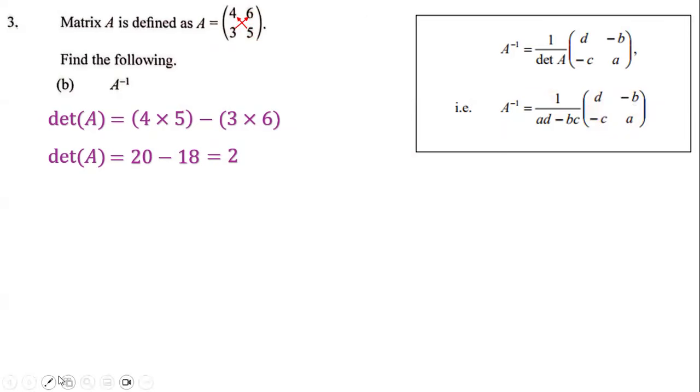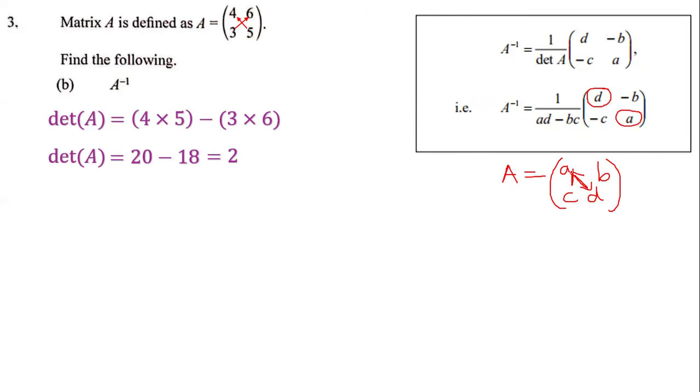Well, if we have a matrix, let's say matrix A, and matrix A is defined as a 2 by 2 matrix that has the entries A, B, C, and D. In order to figure out the adjoint, we have to switch A and D. We put D here, and we put A here.